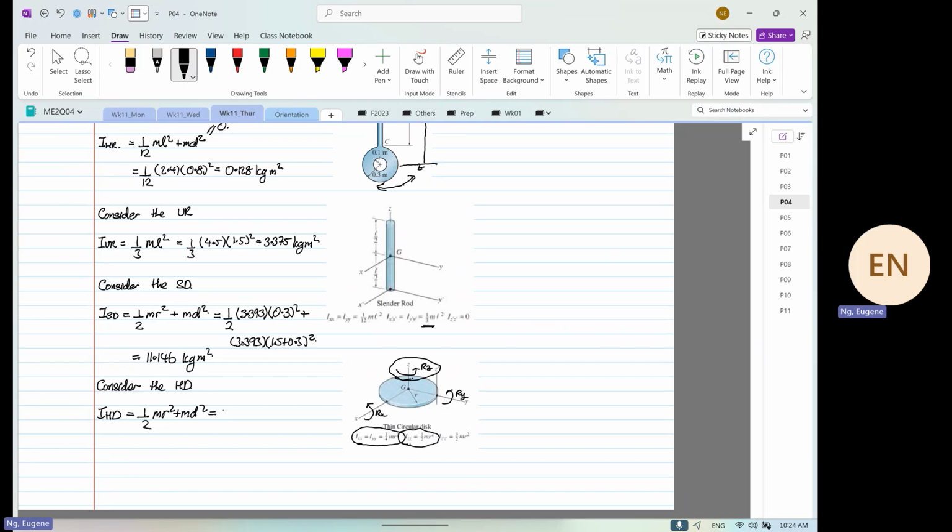This is equal to half, the mass is different now, 0.377, the radius is different, 0.1, plus the mass 0.377 times the d distance squared. The d distance is the same because the center of the circle for both the hollow and the solid disk are the same.